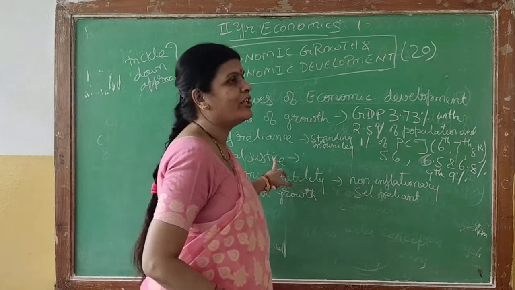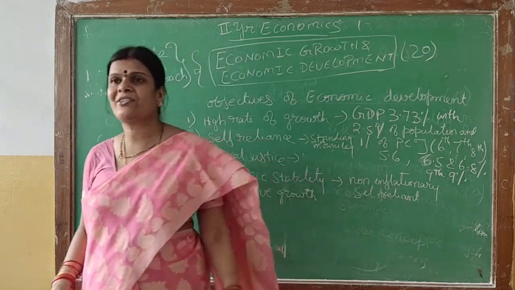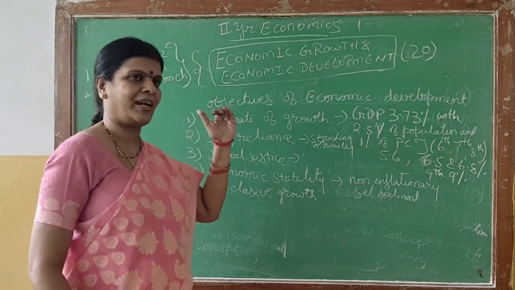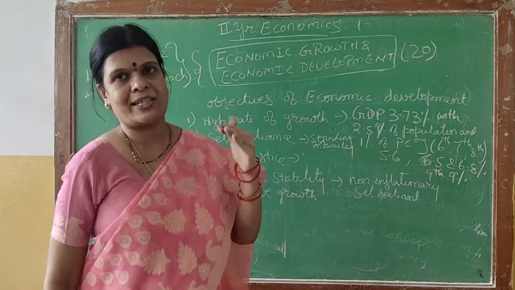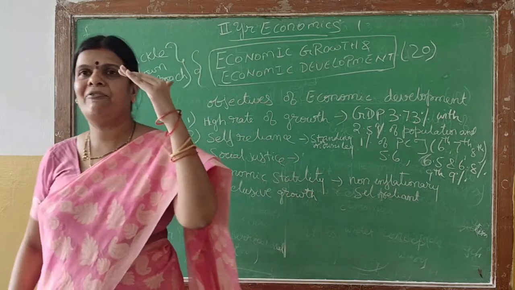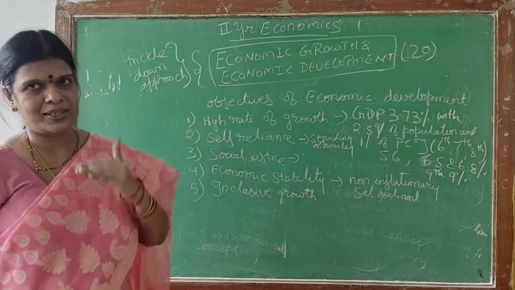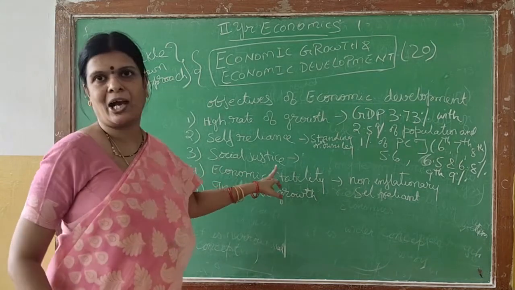Third one is we should follow the decentralization process. What does decentralization mean? The centralization process means power flows from the center to the states. Now we have seen Niti Aayog.